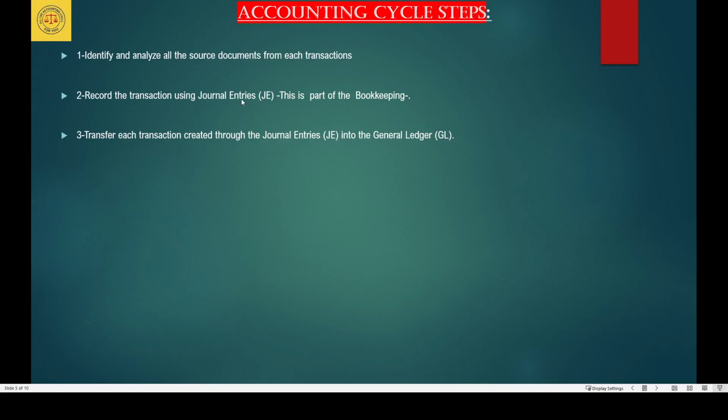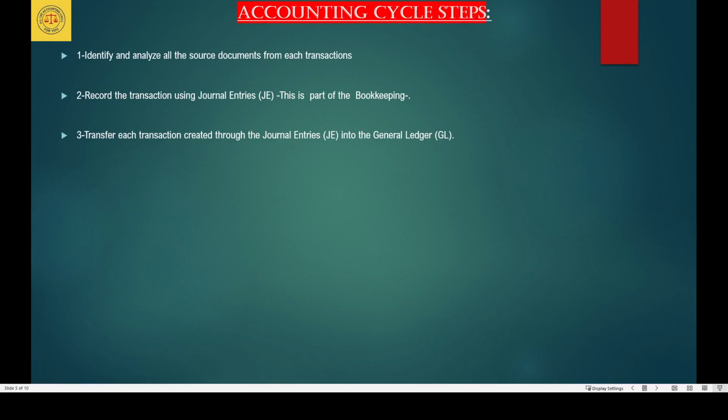So after you have the journal entries, every single journal entry has more than one account, minimum 2, but it can be hundreds of accounts in the same journal entry. Every account may be a bit different.